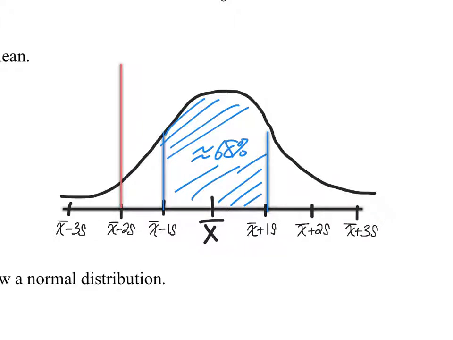We're looking at about 95% of the data within 2 standard deviations of the mean. That's what I'm illustrating now. About 95% of the data.